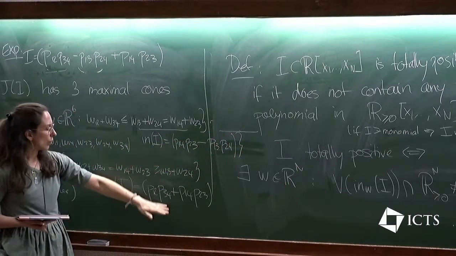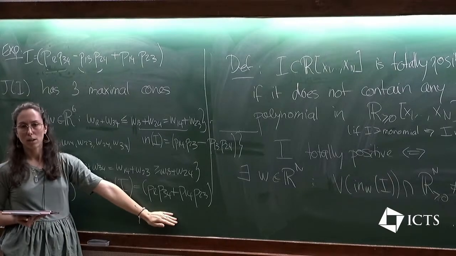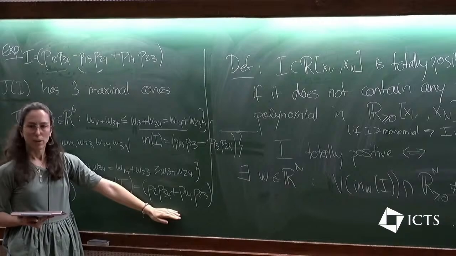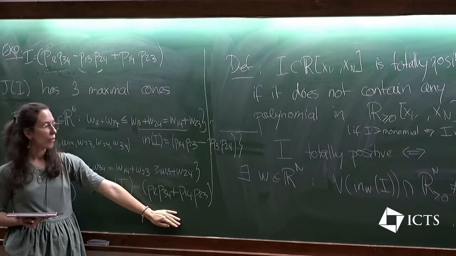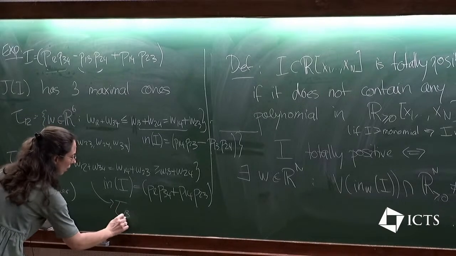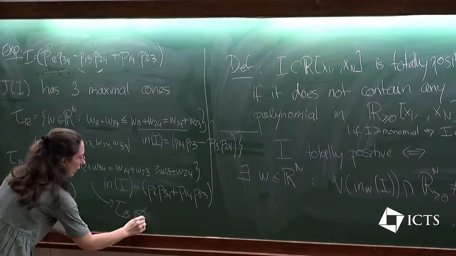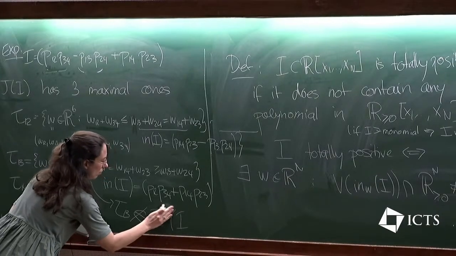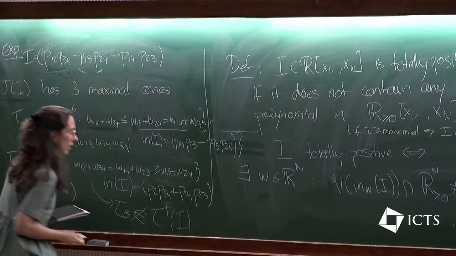And so in this case, I'm already stuck, because this is a non-zero element of this set, right? It's a polynomial with real positive coefficients. So in particular here, this tau 1,3 is not in the positive part of the tropicalization of my ideal.